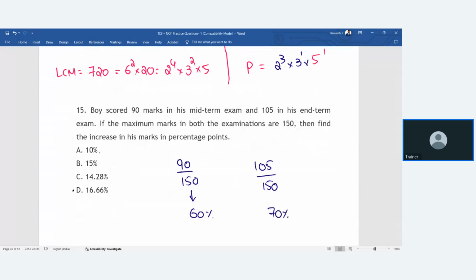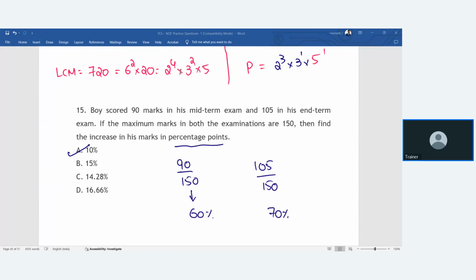Percentage point means the direct difference. Initially 60, it becomes 70. So the increase in points is 10%. Points means we can directly take the difference. There is no problem.